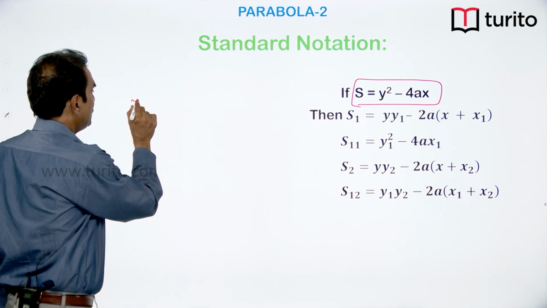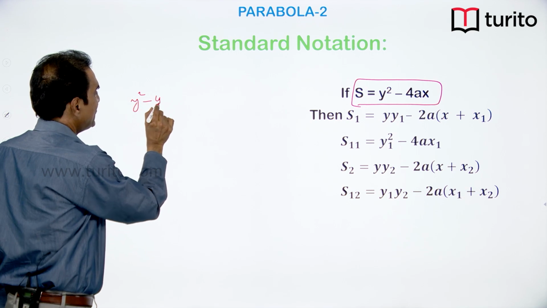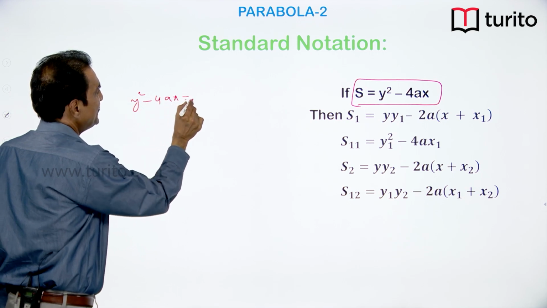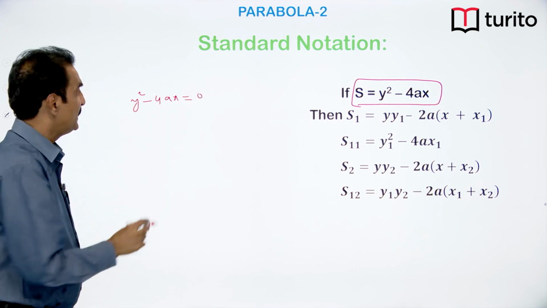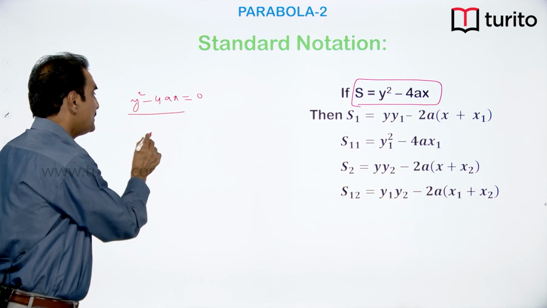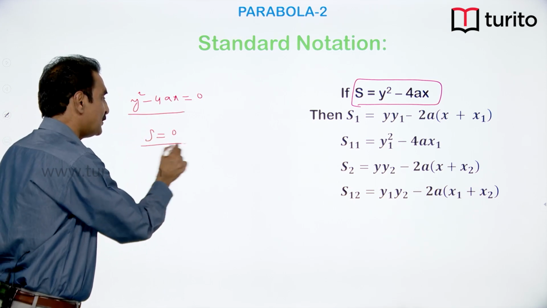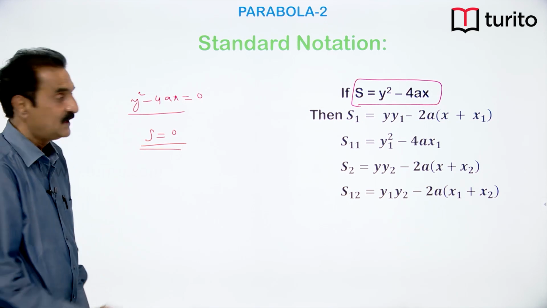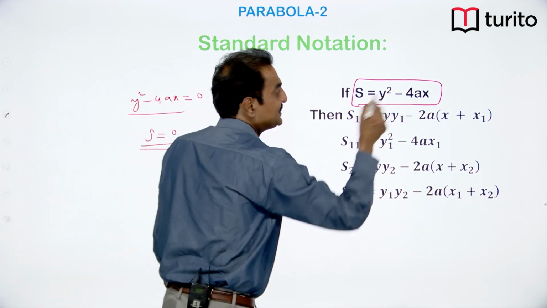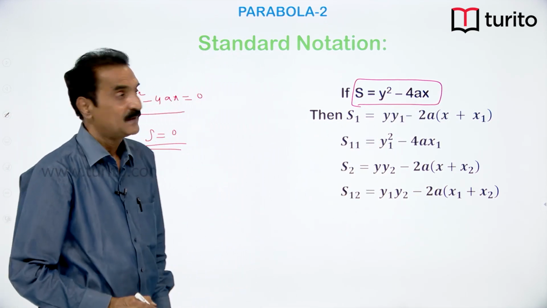So the first standard form is y square minus 4ax is equal to 0. Instead of writing this equation, you can write S is equal to 0. It represents the same equation, where S is y square minus 4ax.